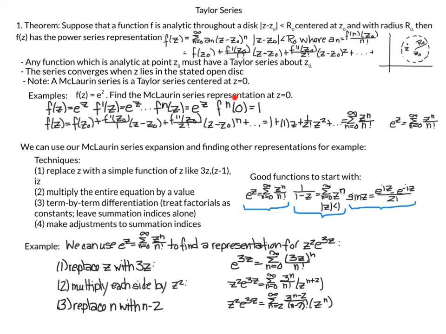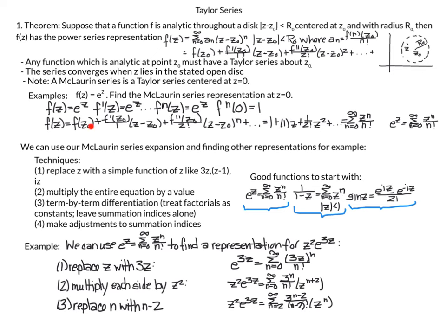And then evaluated at z0, because that's what this part of the formula requires, our derivatives evaluated at z0, which is equal to 0, we plug in 0, it's equal to 1. So e to the 0 is equal to 1. So now we can plug into our Taylor series formula.